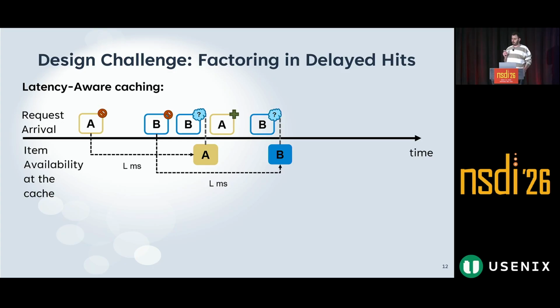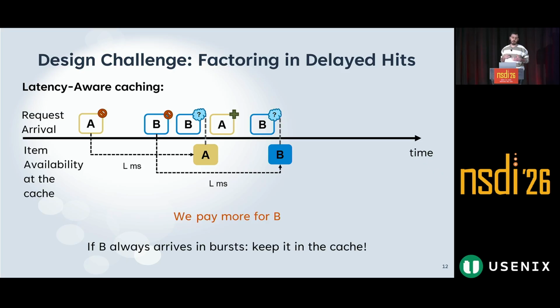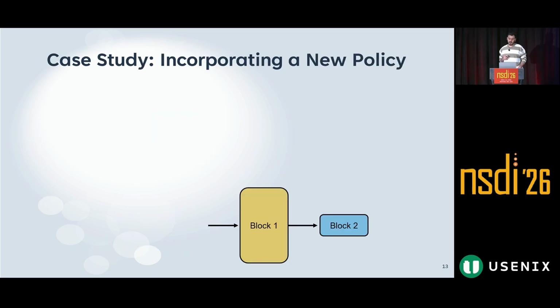What I want to stress here is that we pay more for item B. Item A paid only one latency in order to get into the cache, but item B paid the latency and 2 delayed hits, which means it's more expensive. And if B arrives in bursts always, I want to keep it in the cache. And this is what leads us to the next part.